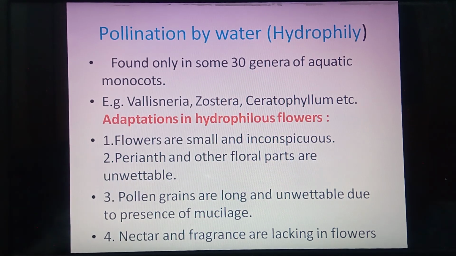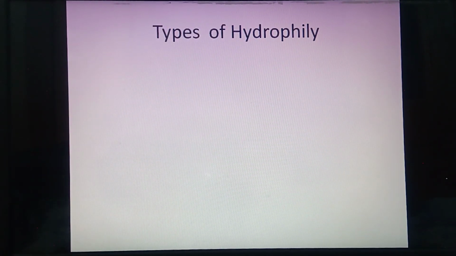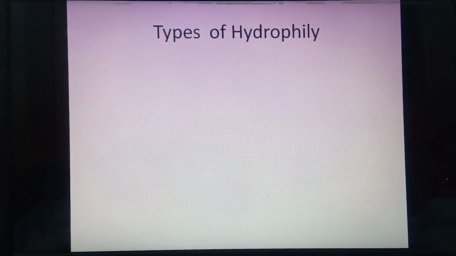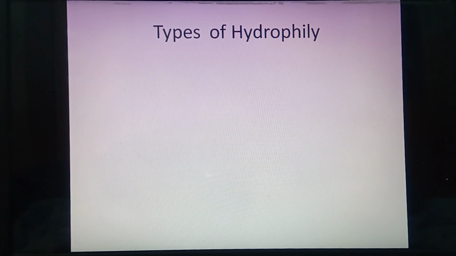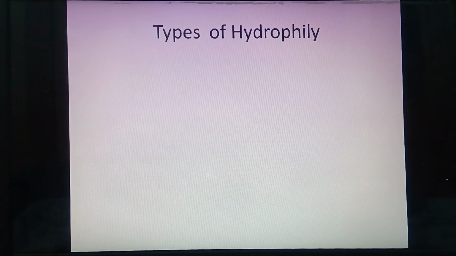So if the specific gravity of pollen grain is less than the water, they float on the surface of water. If it is equal to water, they submerge into the water. If it is more than the water, they start to settle down at the bottom of the water. So this is about the specific gravity of the pollen grains.